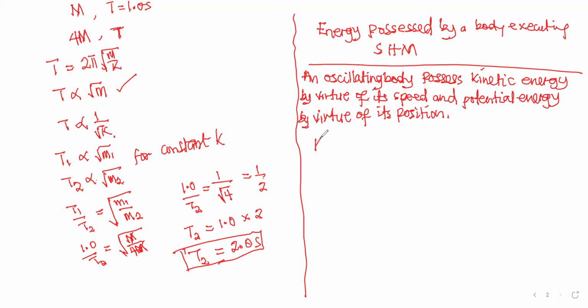KE is equal to half mv squared. Half mv squared. Meaning that this is by virtue of the object's speed. So, implying that wherever speed is maximum, kinetic energy must also be maximum.